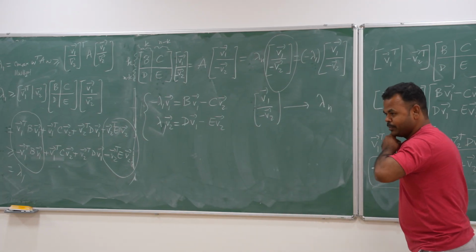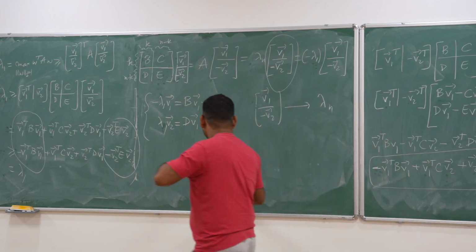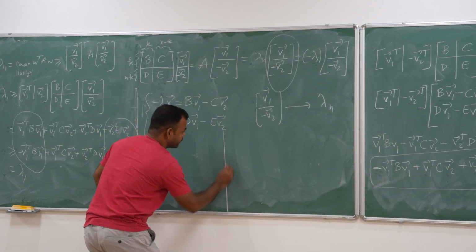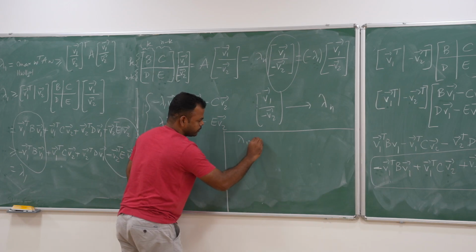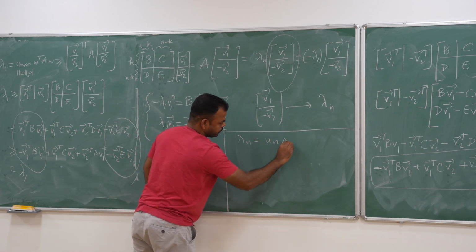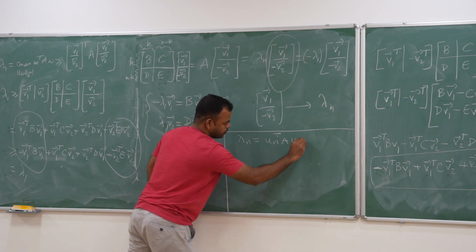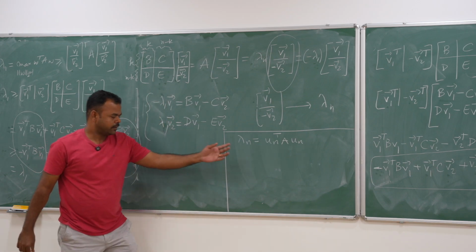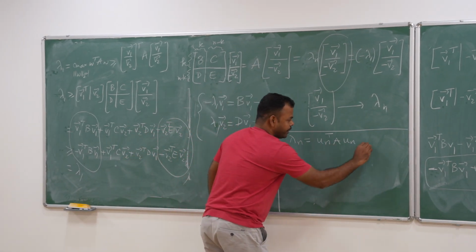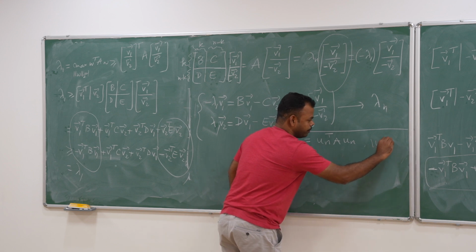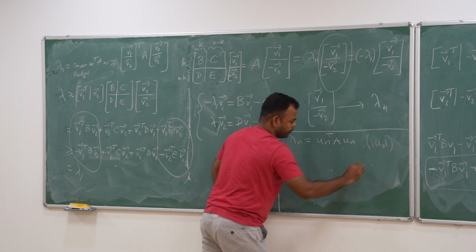Contains some mistake, please be careful about it. So if un is the eigenvector corresponding to the least eigenvalue, then we have this. Now you consider this absolute value vector.